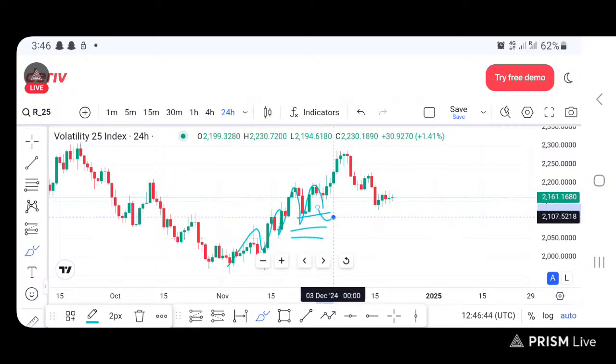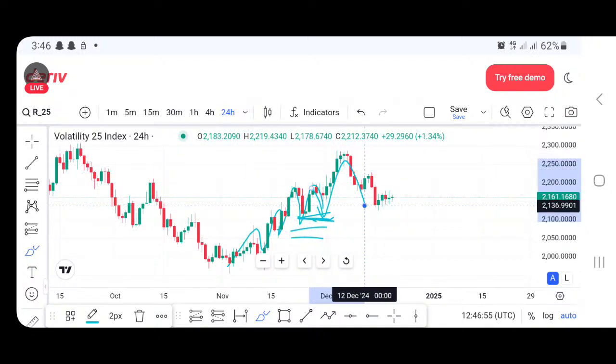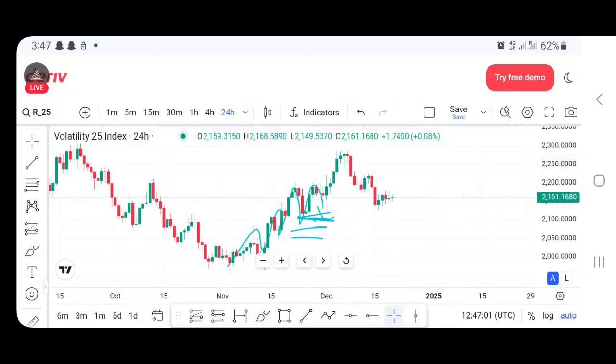It starts breaking them, or after some days it starts making equal lows while making the highs. Let me first clear everything here.